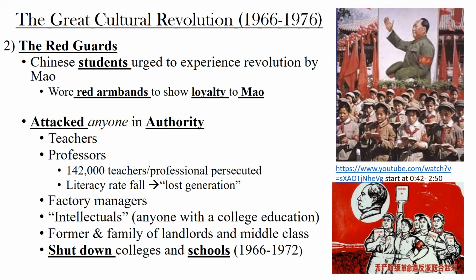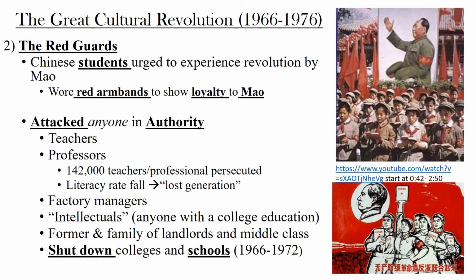How? Who's going to do this purging? How is he suddenly going to get powerful? Well, the Red Guards. The Red Guards were Chinese students and kids and teenagers who were urged to experience revolution. Mao's argument to the Red Guards to get them excited was like, I struggled through the Long March. The founding members of the Communist Party struggled through the Civil War.